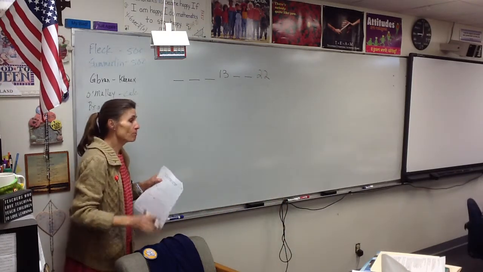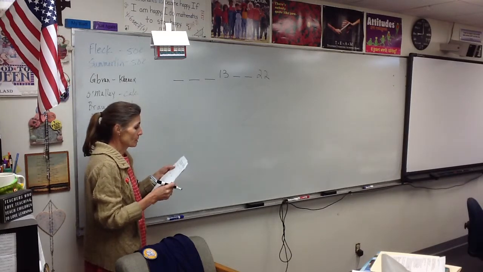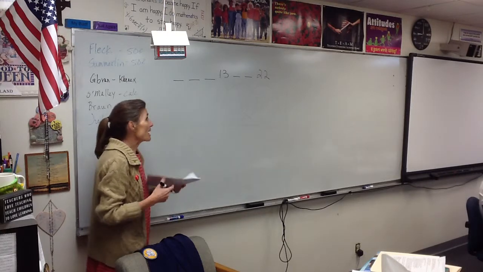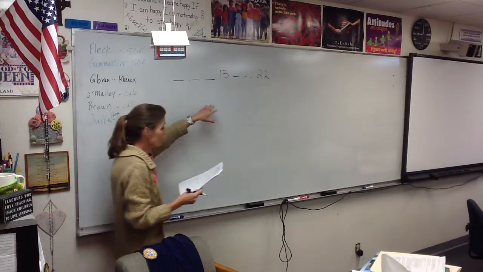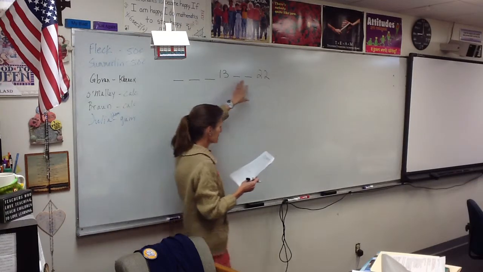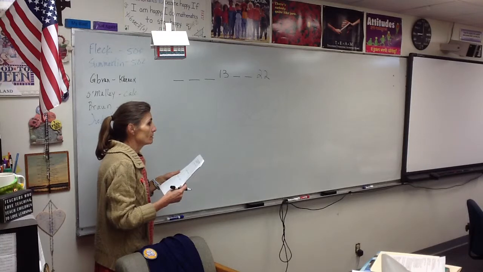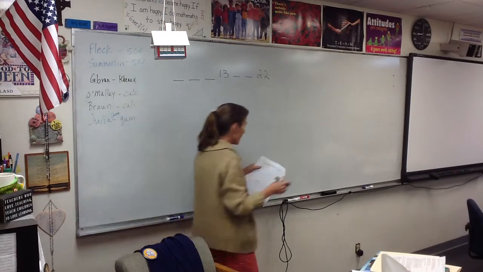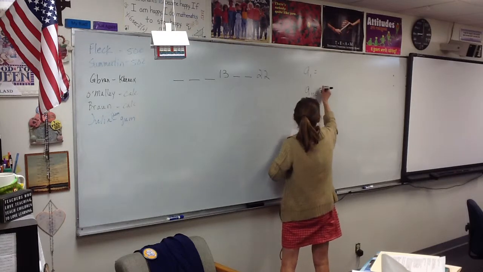This is part 4, which is on the back of 62. They tell you the 4th term and the 7th term, and then they want you to find the 1st term and the 100th term.